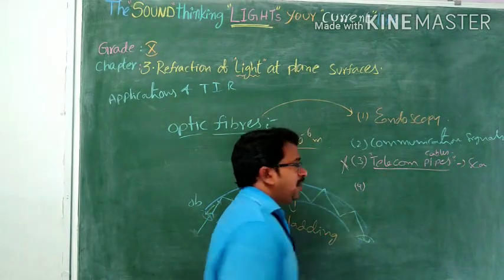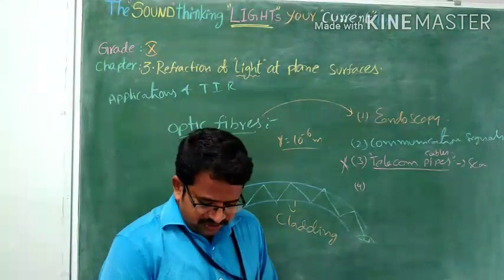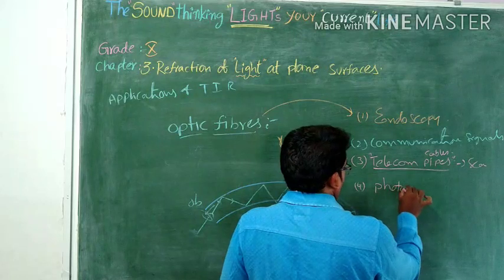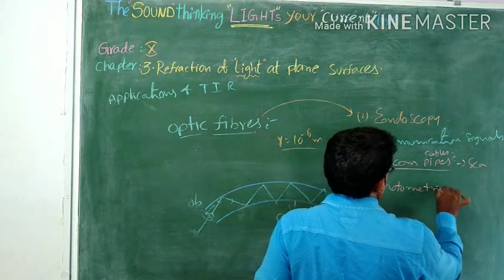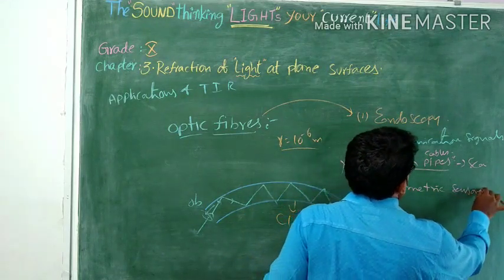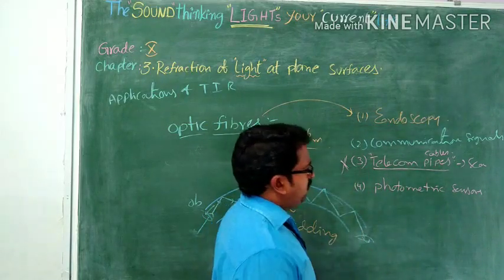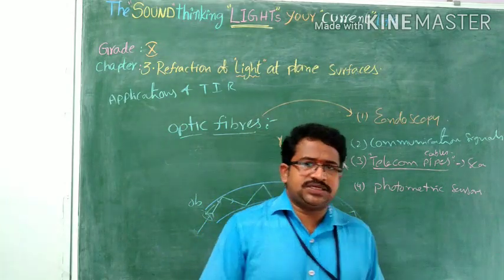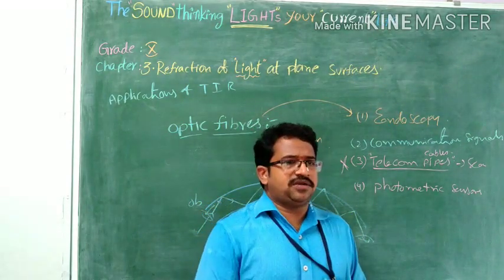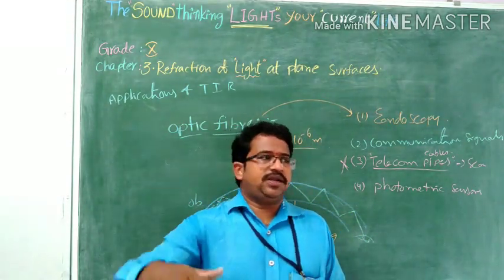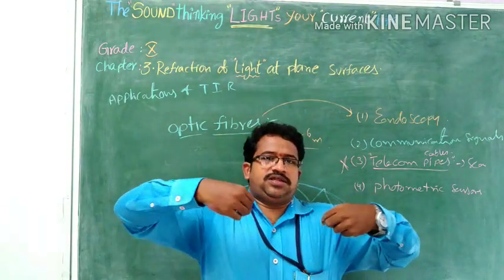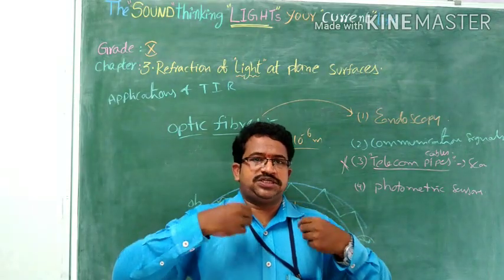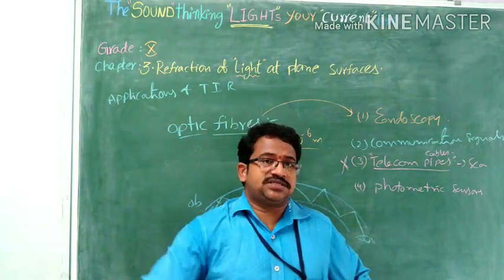Okay. And the last one is also there, about photometric sensors. Commonly in movies you are going to observe whenever accidents happen to any person or someone is seriously injured, then immediately in the ICU they are going to keep some instruments on the chest, on the neck, on the nose, and so on.